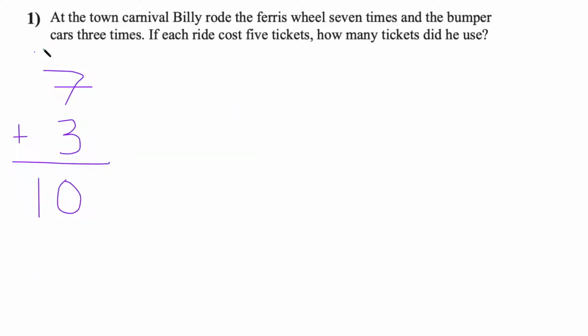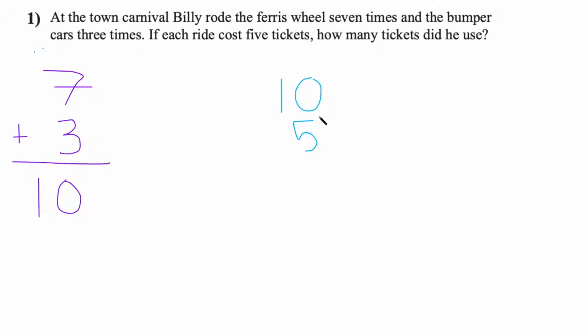Now, if each ride costs 5 tickets, how many tickets did he use? So we know one ride costs 5 tickets, but he rode 10 of them. So he has 10 rides, and they each cost 5 tickets. So we want to know how many total tickets he used.